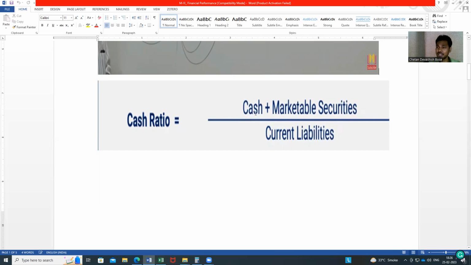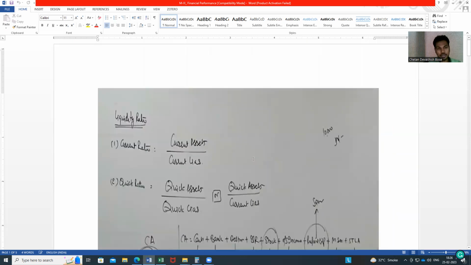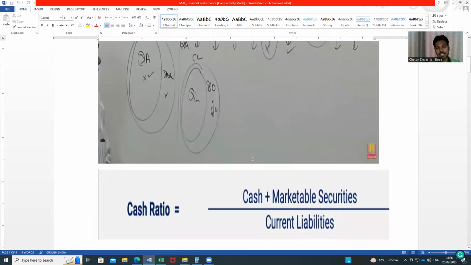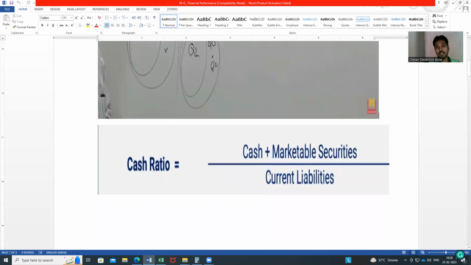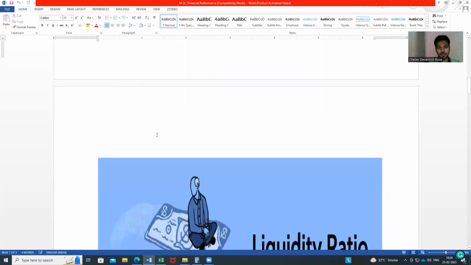Now cash means cash in hand, cash at bank. So these are nothing but liquidity ratios, which say how much current asset or quick asset or cash you have in order to pay off your current liabilities. So three ratios: current ratio, quick ratio, and cash ratio.